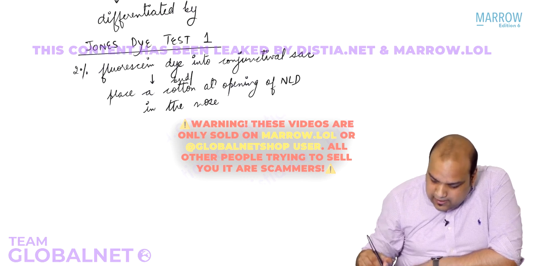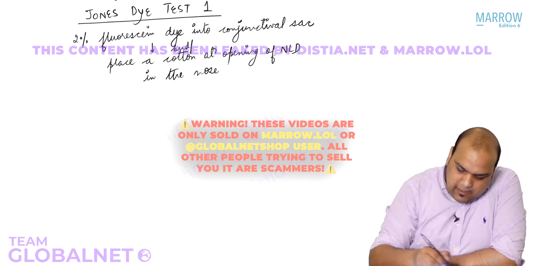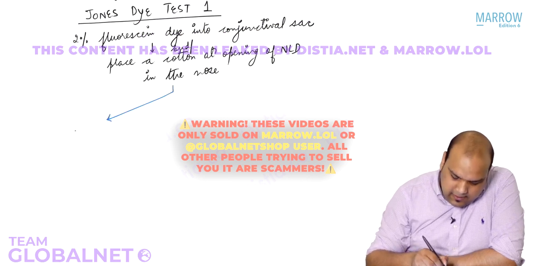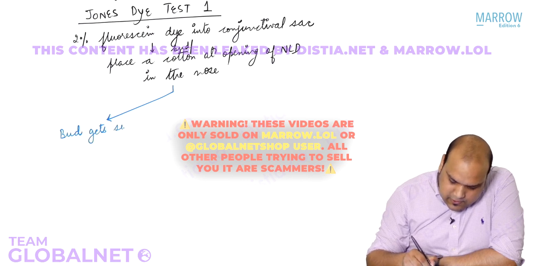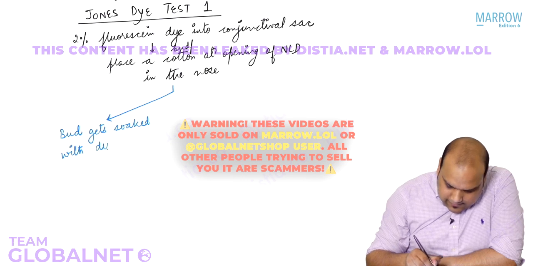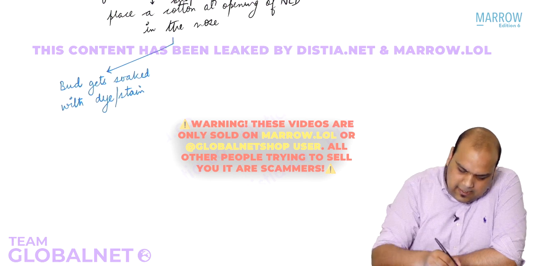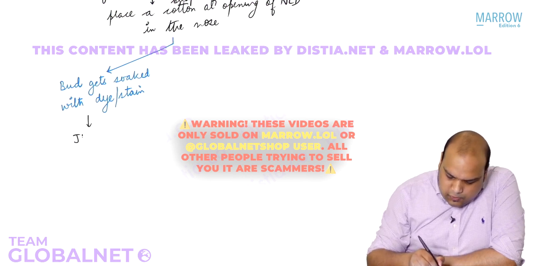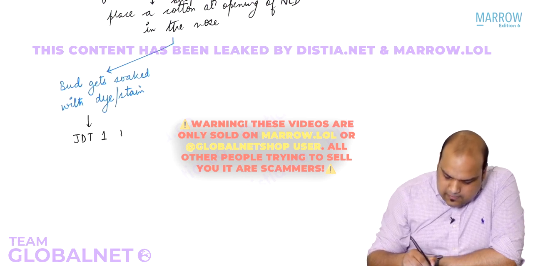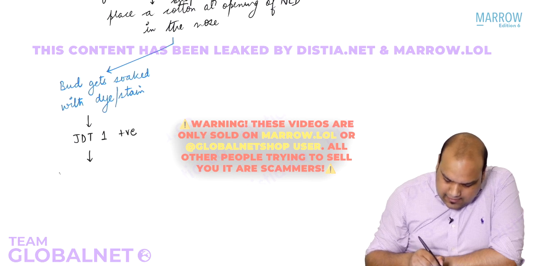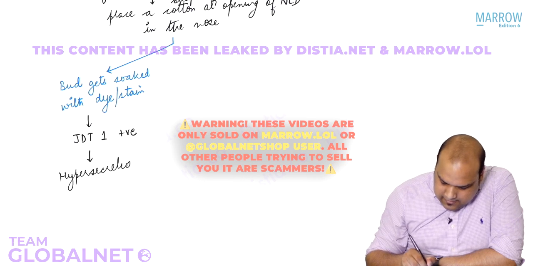What are you trying to see? You are trying to see whether, everybody, the cotton bud gets soaked with dye, or I can say fluorescein stain. In such a case, I will say Jones dye test 1 is positive, and the case will be diagnosed as hypersecretion.